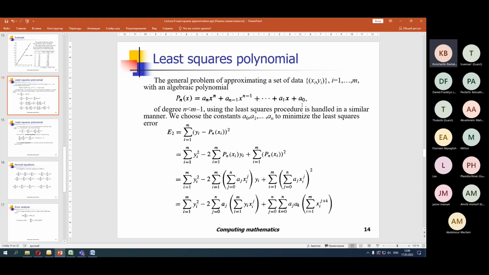From this point of view, the polynomial of degree 0 is just a partial case of the polynomial of degree n, and so is p1 of x, right? So we choose the constants a0, a1, up to an, to minimize the least squares error, the sum of the errors yi minus pn of xi, squared.